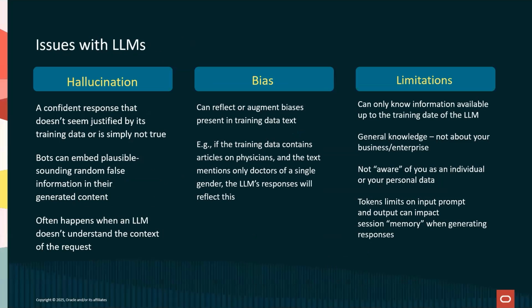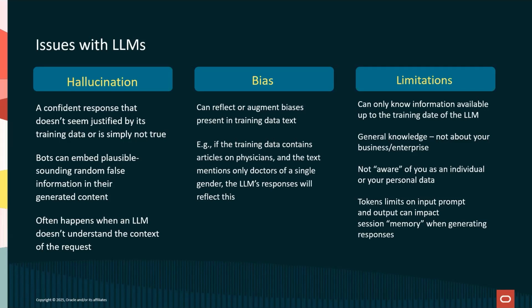And we all know that LLMs aren't perfect. They can make mistakes like hallucination, where the model gives a confident answer that sounds right but isn't true, often due to missing context or gaps in the training.